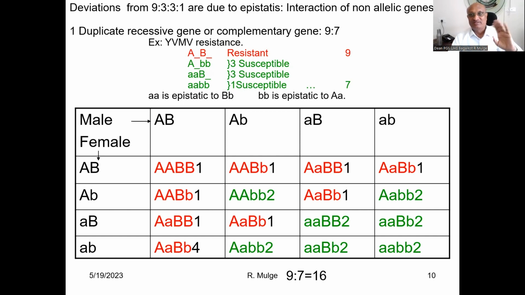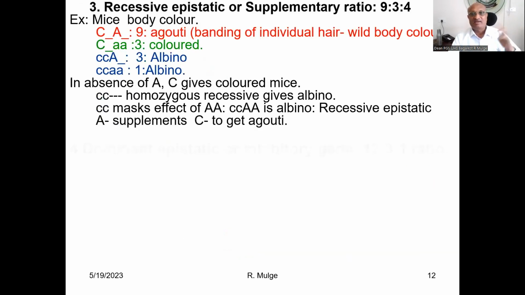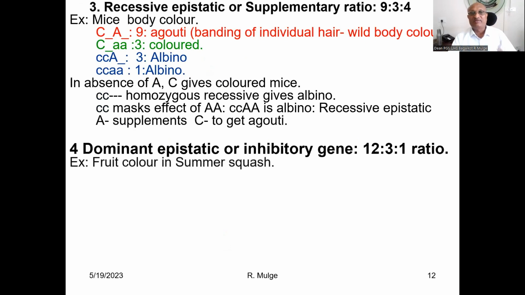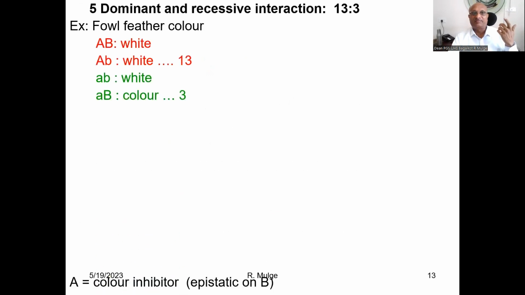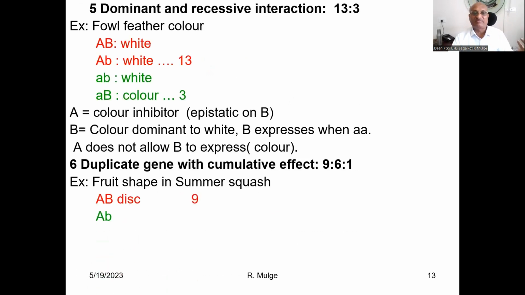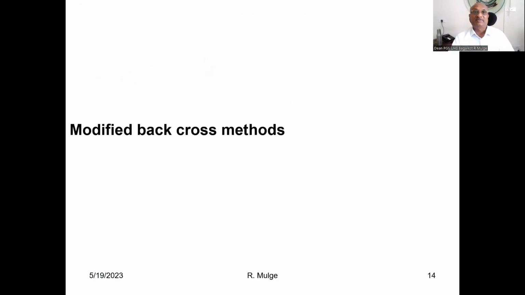As per the chi-square test, you can say yes, this ratio I assumed is correct. So it is always imaginary, and then proving your imagination or your hypothesis. Hypothesis is your imagination, right? What kind of ratio and what kind of genetics is involved in that particular character.